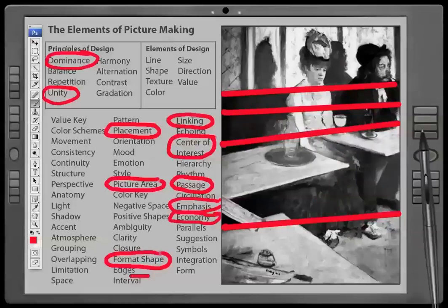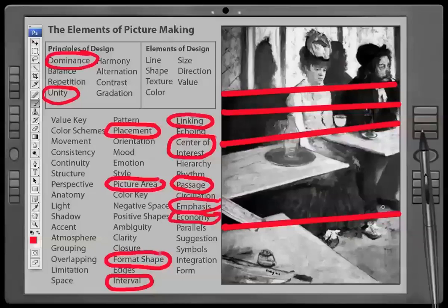So I'm going to circle interval over here, which is another element of picture making that you need to apply to your compositions. And it's not just interval of different spaces. Always add variety through different or unequal spaces between shapes and lines. But it doesn't just apply to the spaces.